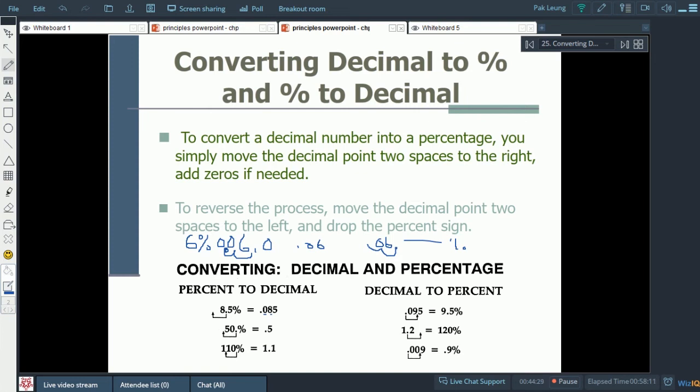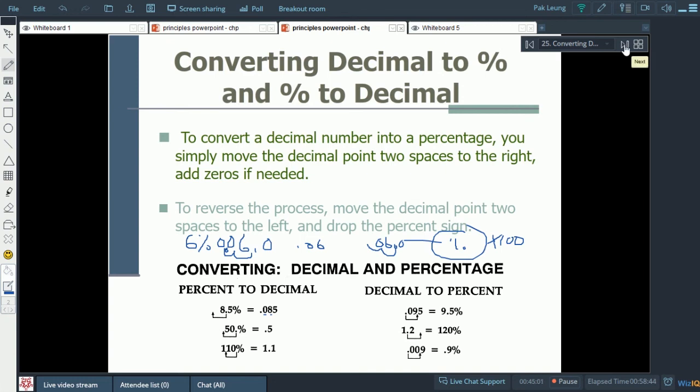Now let's reverse it. You got 0.06, right? To do a percent, you move it to the right, the other way. So now you got 6.0%. That's how you do that. So if you need to convert to a percentage, always remember times 100.